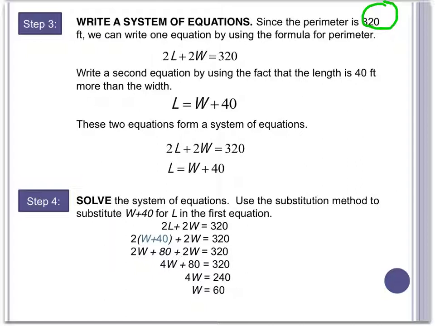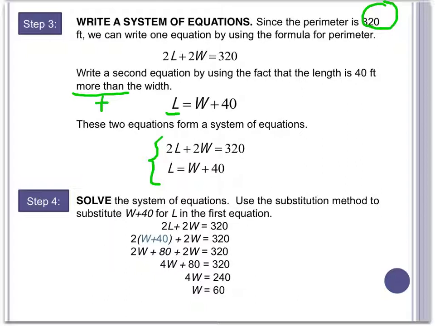Write a second equation by using the fact that the length is 40 feet more than the width. So the length is 40 feet more than the width, and "more than" is represented by an addition sign: L equals W plus 40. These two equations will form our system of equations. Next, we need to solve.